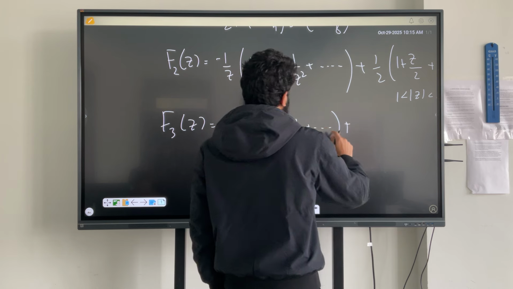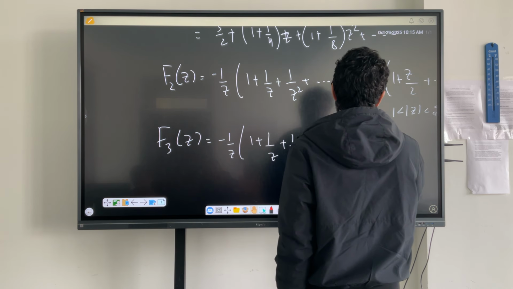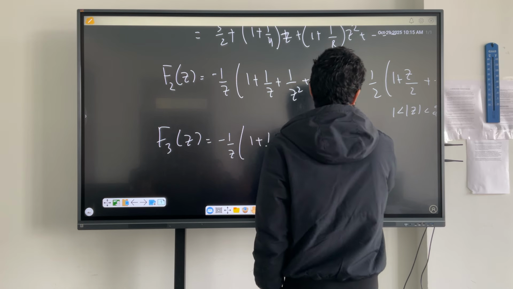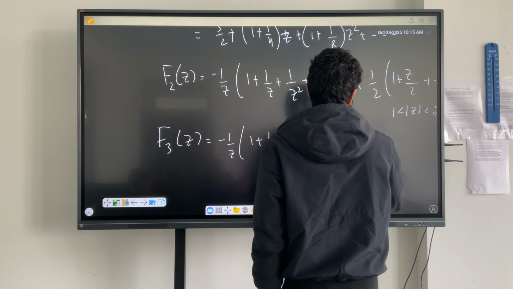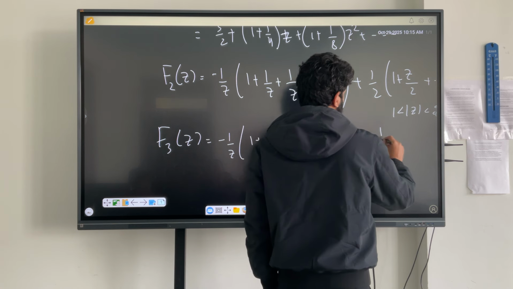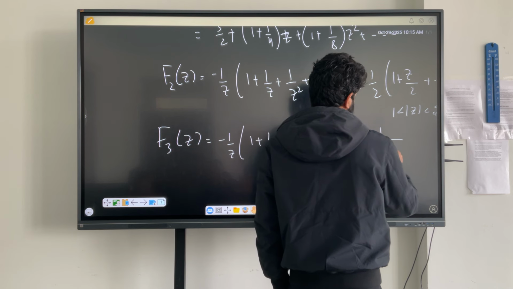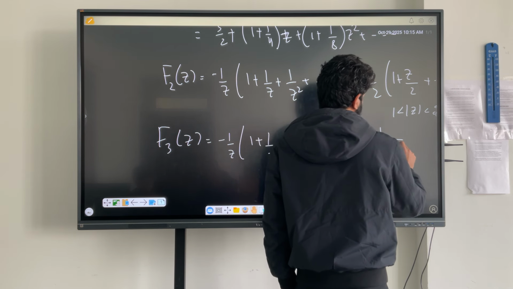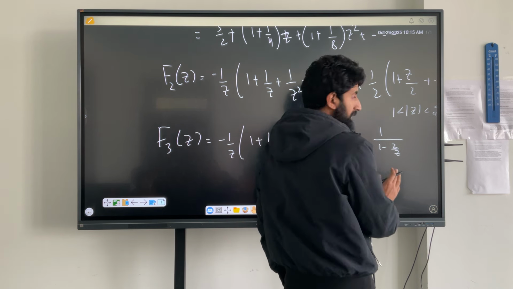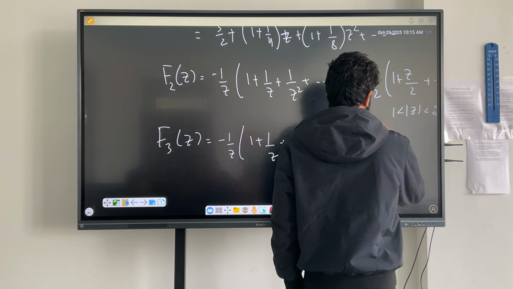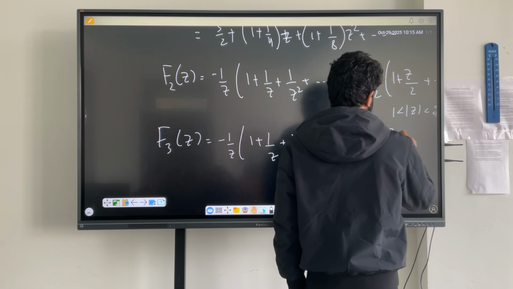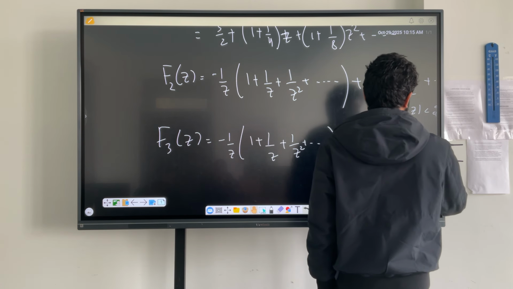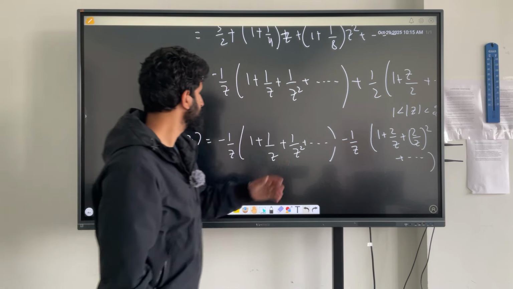And then I'll take 1 by z common, minus 1 by z. And what is the function left? 1 divided by 1 minus 2 by z. And this I can expand: 1 plus 2 by z, 2 by z whole square, plus so on. We're done. This is the method.